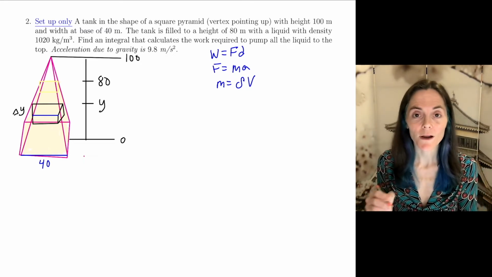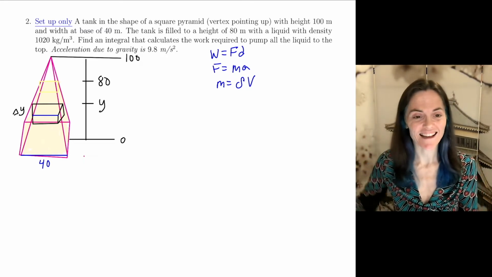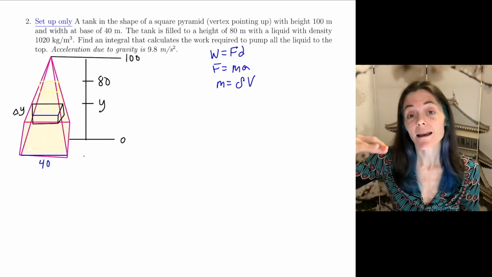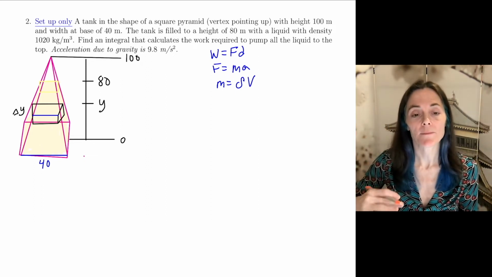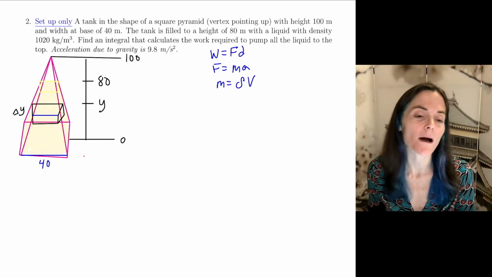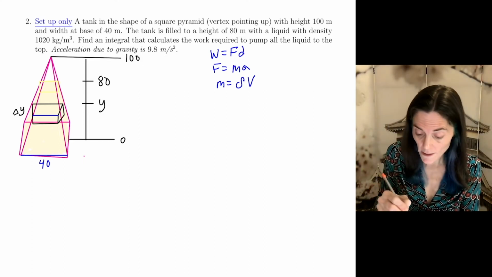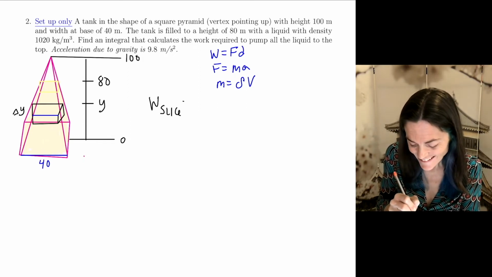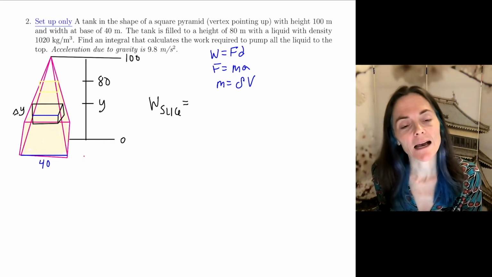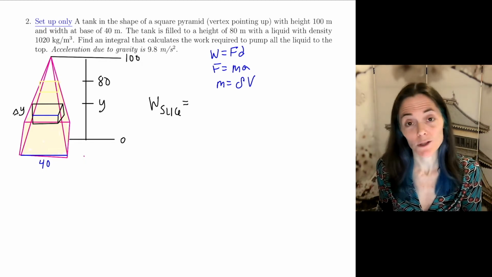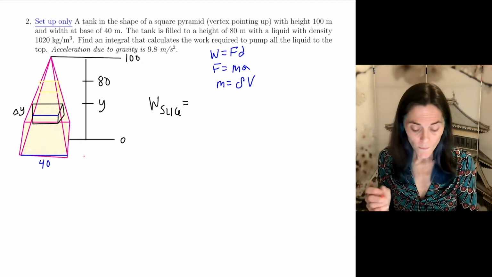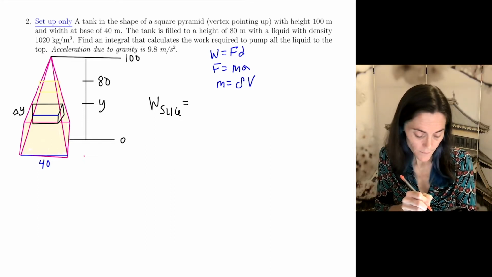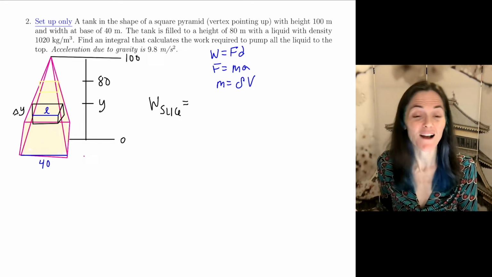As before, what I want to do is slice, and I have drawn it here, although it's not perfect. What this is, is a square thickened by delta y. And the slice is sitting at height y. And we can calculate the work for just this slice. And then we will write down the integral to calculate the total work. So here, maybe I'll call this length, say, L, it's fine.